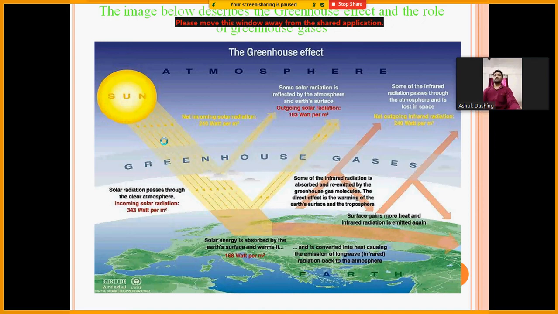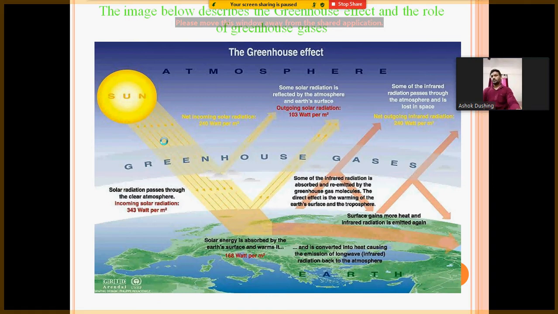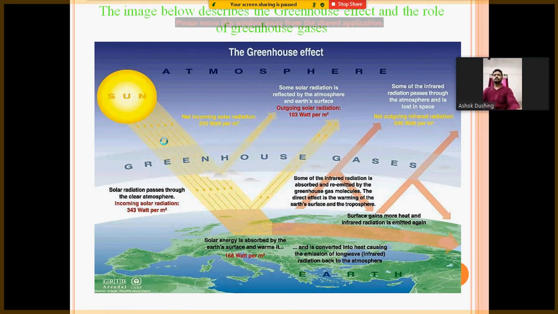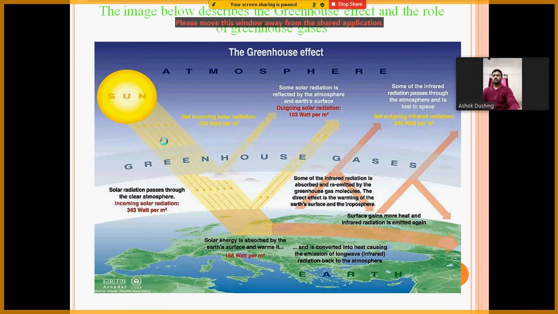Incoming solar radiation is 343 watt per meter square. Net incoming solar radiation is 240 watt per meter square. Solar energy is absorbed by the Earth's surface and warms it, 168 watt per meter square.